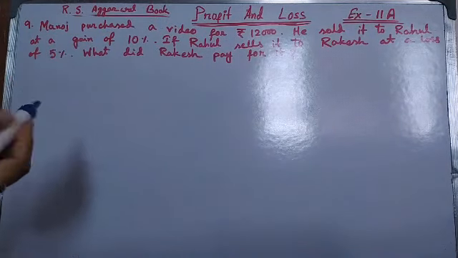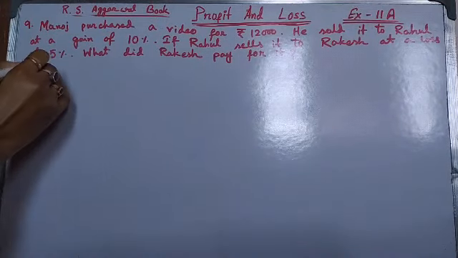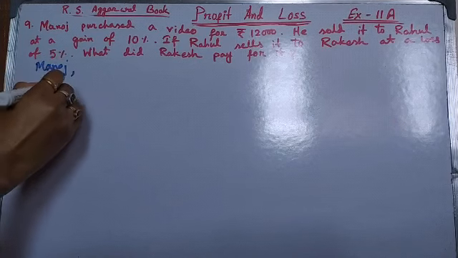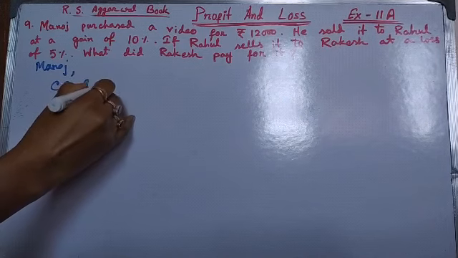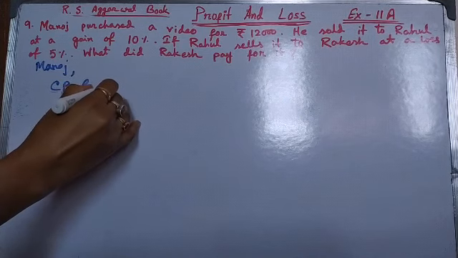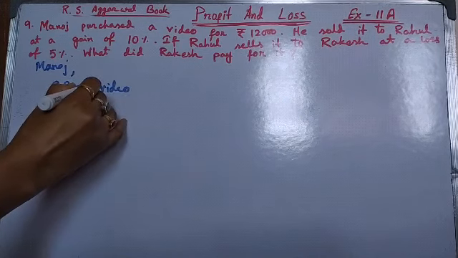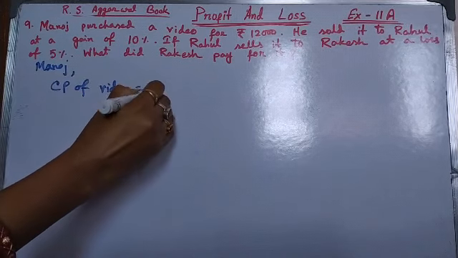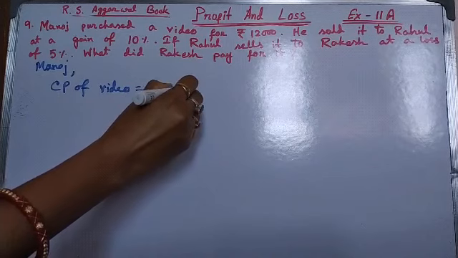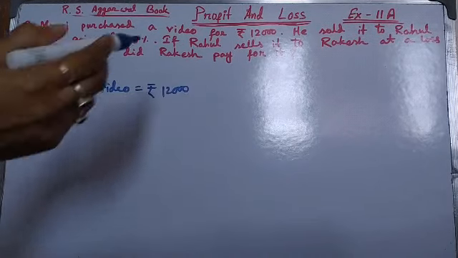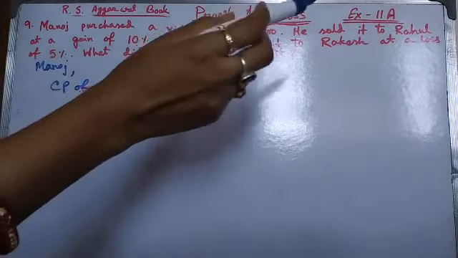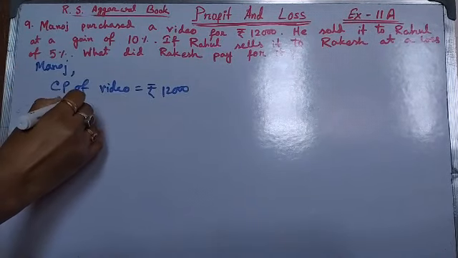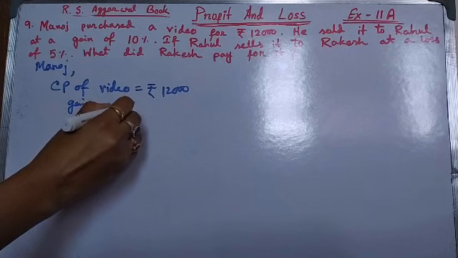That means for Manoj, the CP of the video equals rupees 12,000. Then Manoj sold it to Rahul at a gain of 10%.